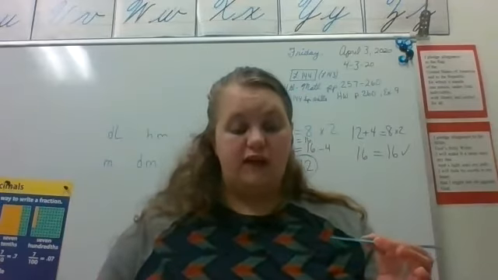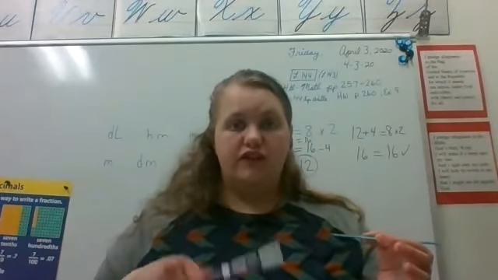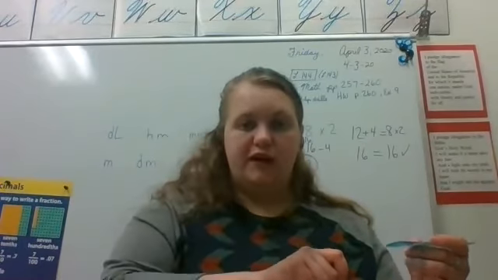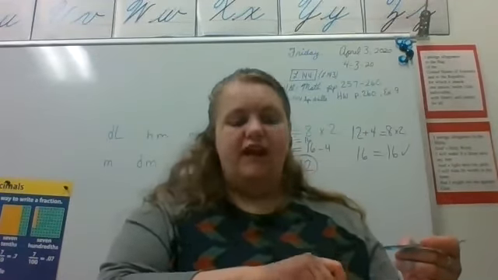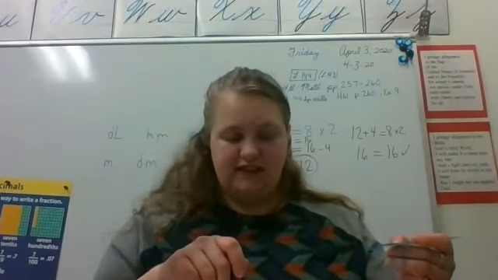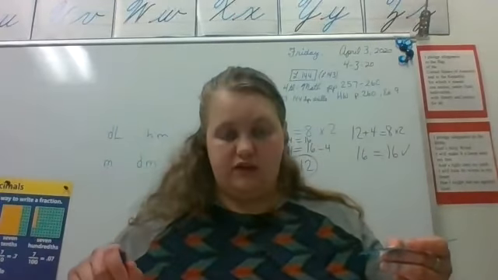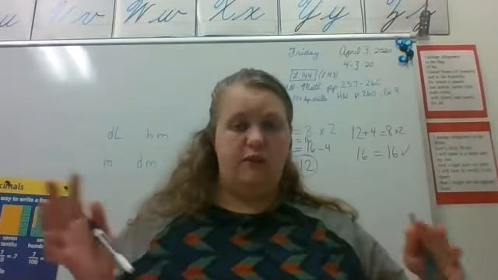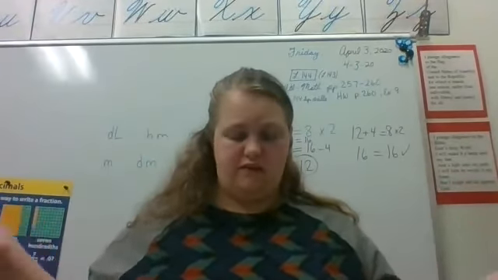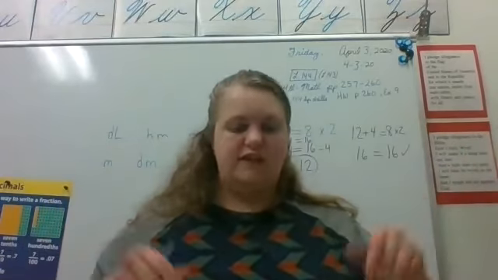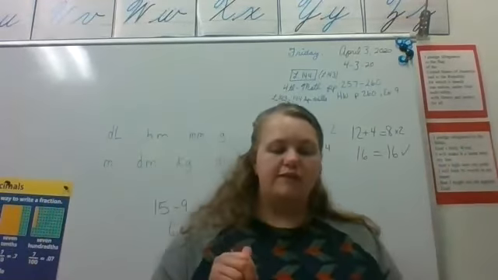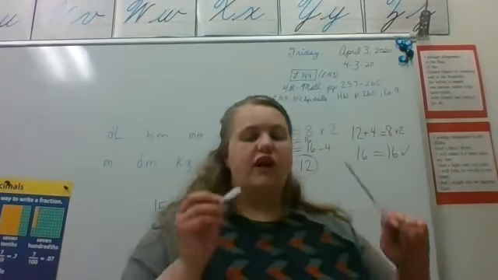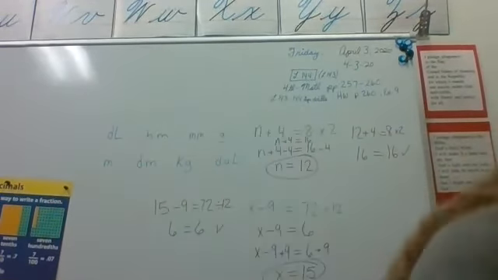So is 20 centimeters more than 2 inches? Yes, so we have 20 millimeters, 2 inches is next, and then 20 centimeters. And 2 meters is about 2 yardsticks, or a little bit bigger. So the 2 meters is the biggest, okay? So 20 millimeters, 2 inches, 20 centimeters, 2 meters should be the order of that first one, okay?